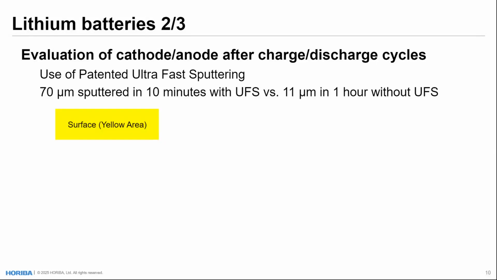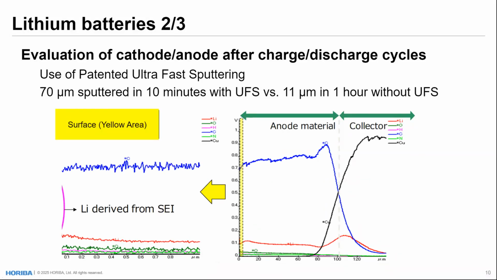Okay. So this is the second test, which has been done on anode. So this is a measurement on an anode. On the right, you see the full spectrum. You see the full profile from the extreme surface all the way to collector.